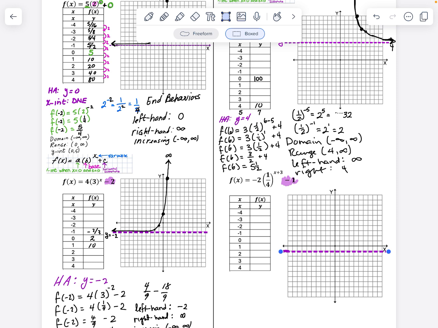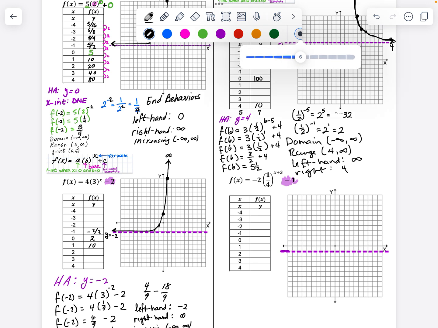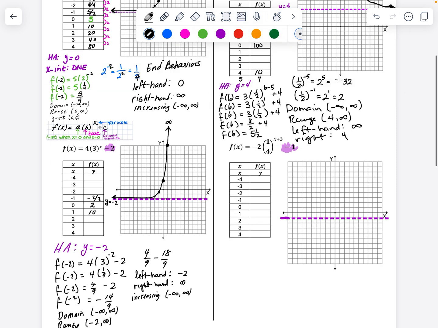Okay. Then let's try 0 and see what happens when x is 0. Or maybe, you know what? Let's do negative 3 first. The reason I say negative 3 is we want our exponent to become 0. So let's do f of negative 3.